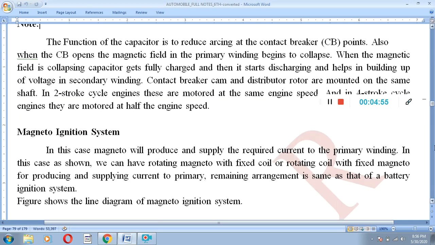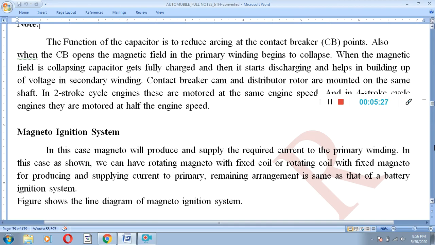The function of the capacitor is to reduce the arcing at the contact breaker point. Also, when the CB opens, the magnetic field in the primary winding begins to collapse. While the magnetic field is collapsing, the capacitor gets fully charged and starts discharging, which helps in building up voltage in the secondary winding.